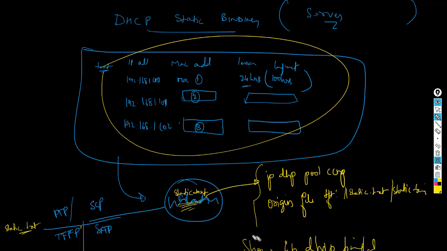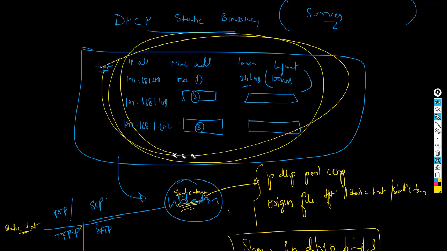When I do this show command, I can automatically see all of these bindings. So what is the advantage of doing static binding? All my critical servers or critical applications or critical monitoring tools or my devices which are always meant to be on that particular IP, I don't want the IP to be changed on them.